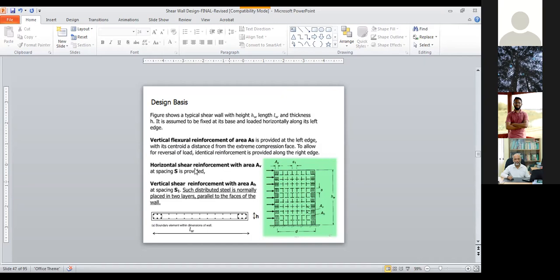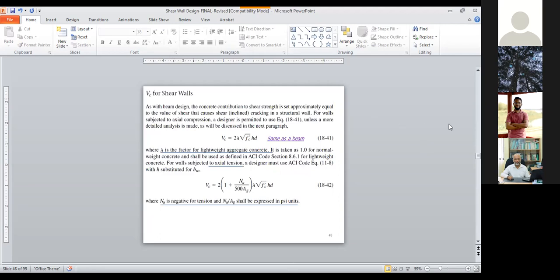Actually, to control those cracks, you need horizontal shear reinforcement and vertical shear reinforcement. And of course, to develop the moment, you need the vertical flexural reinforcement with or without a boundary element, something like that.